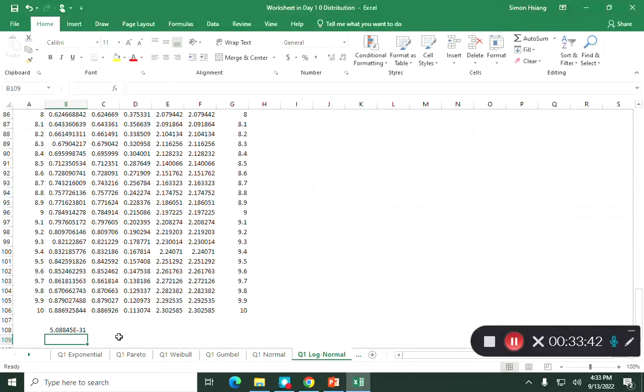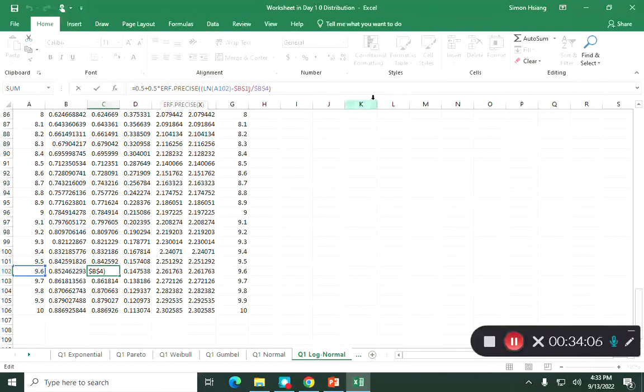If this number is small enough, consider that 0. That's how I check. They must be highly correlated. It's 1. The difference between the two is almost nada. The sum of squares is almost nada. Then I know the left and the right are pretty much doing the same thing.